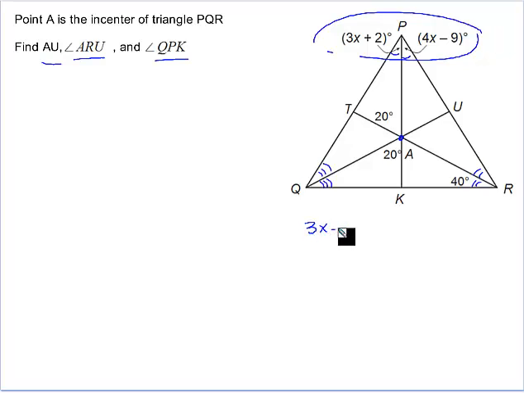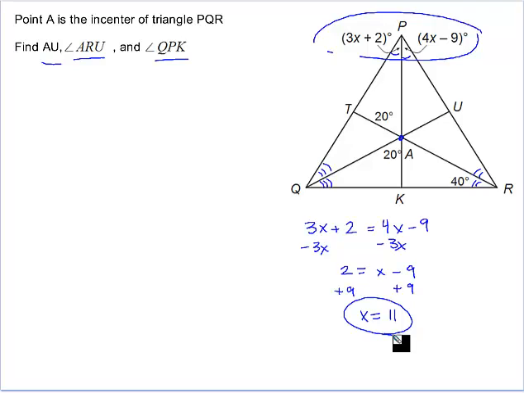Those two should be congruent, so we'd say 3x plus 2 is equal to 4x minus 9. So we want to subtract our 3x. So we have 2 is equal to x minus 9. Add our 9. So x is equal to 11. Okay, now here we aren't asked for x, but we're asked for angle measures.